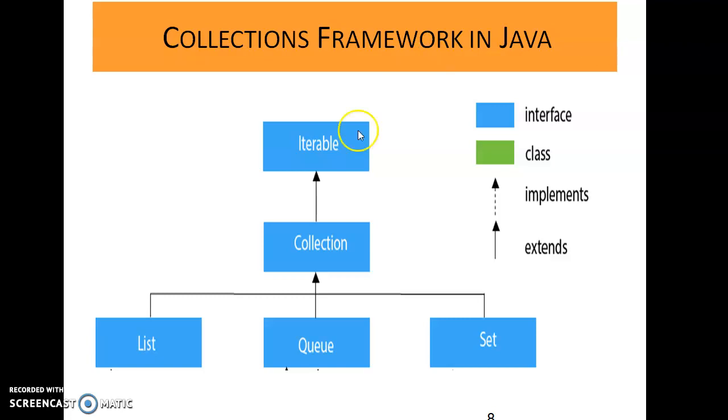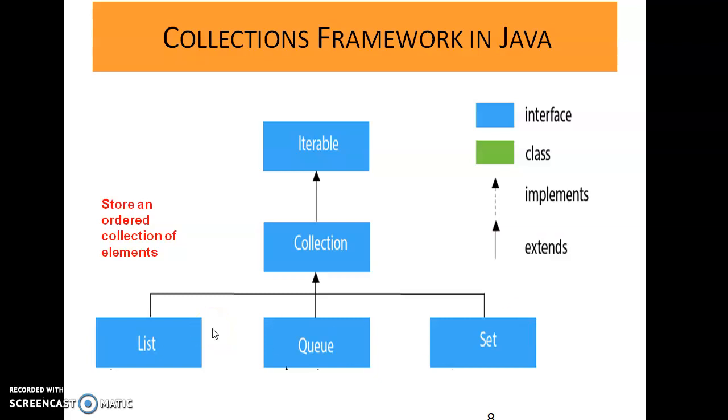The base interface in this collection framework hierarchy is iterable. So every collection is iterable. Clear? And we'll learn about iterable in an upcoming slide. Collection interface is extended by list, queue, and set. So in the next slide we'll learn about these things.